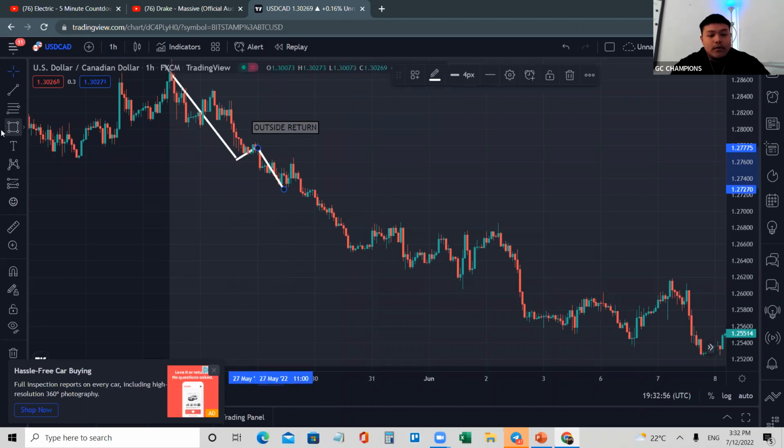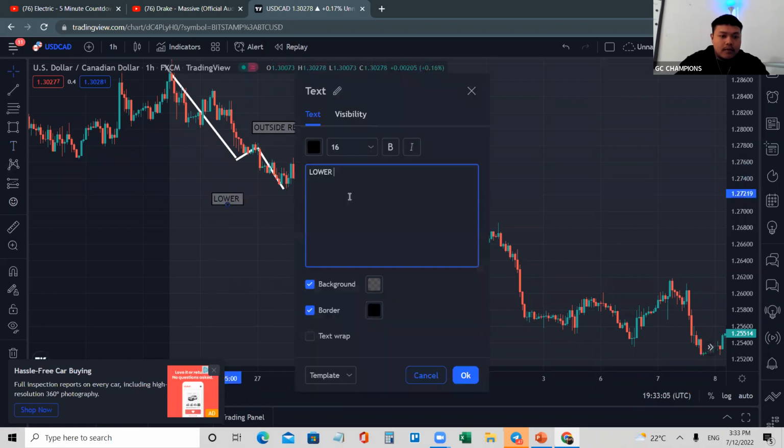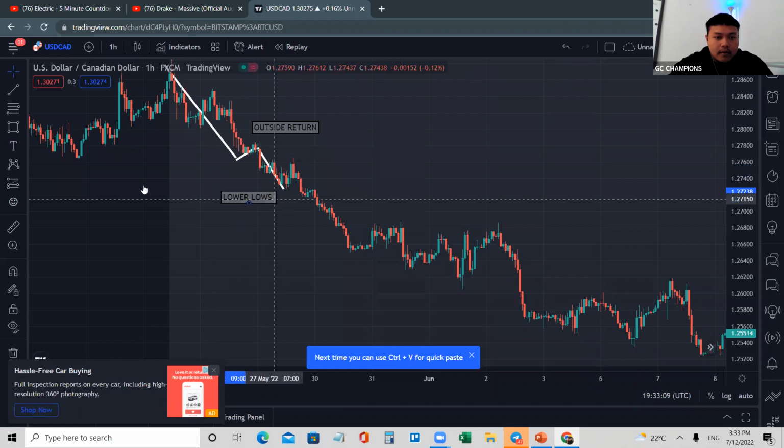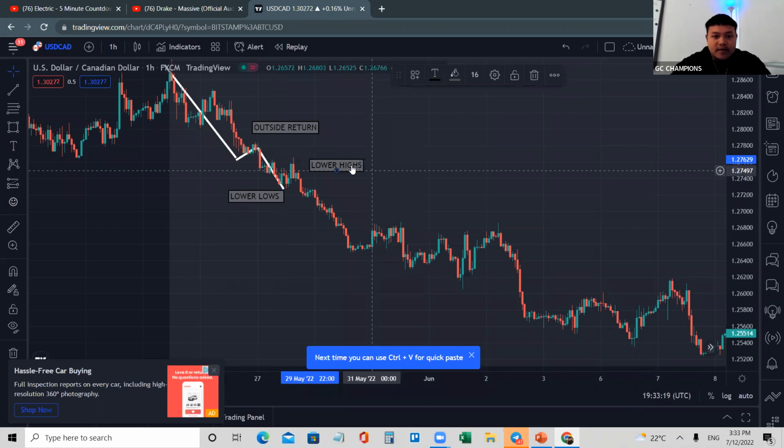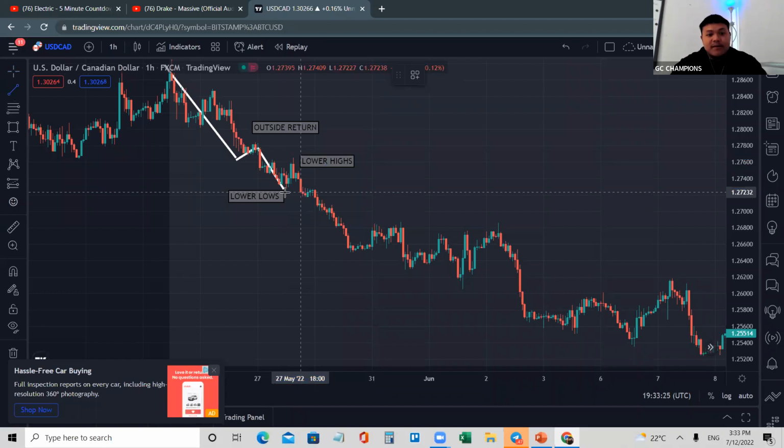So now you have a lower low, which is down here. And then a lower high right here. And then from there, the downtrend breaks again on the specific area right here, as you guys can see.